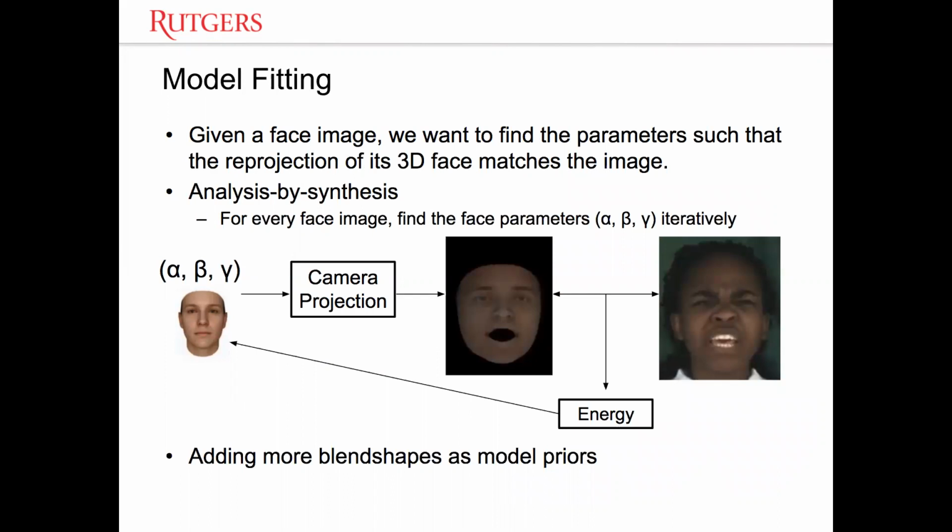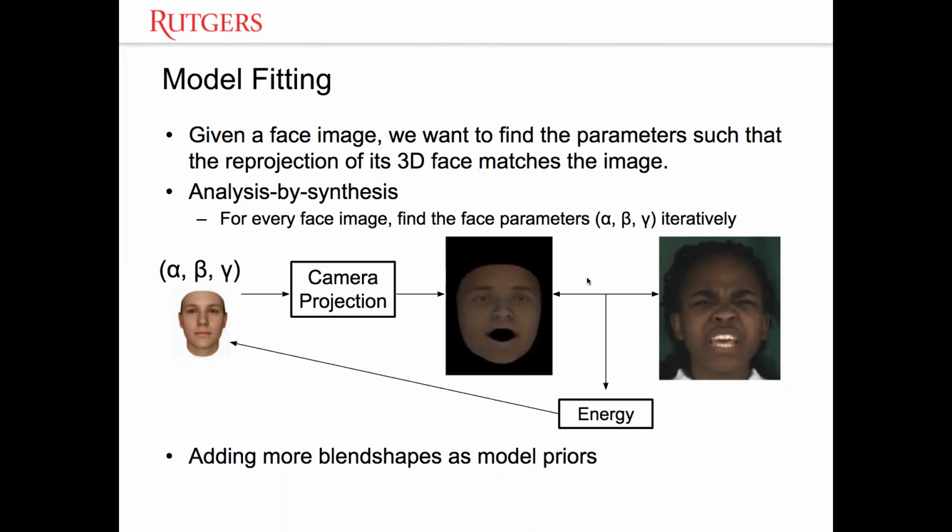Okay, so how can we reconstruct the face from a monocular RGB image? Given a face that looks like this, we would like to find the morphable model weights, or we say parameters, such that the reprojection of the 3D face into the image is similar to our original image.